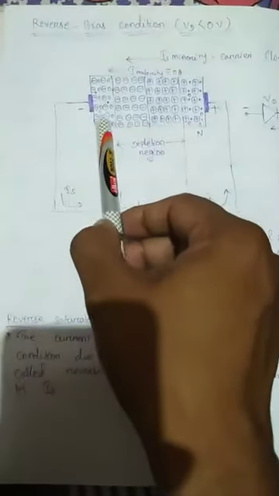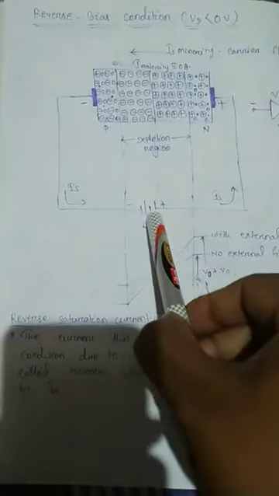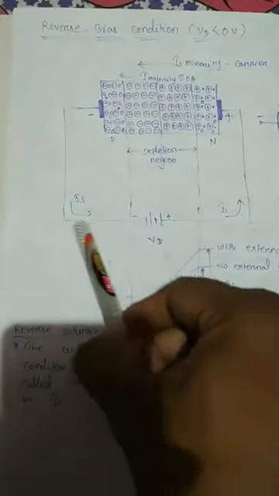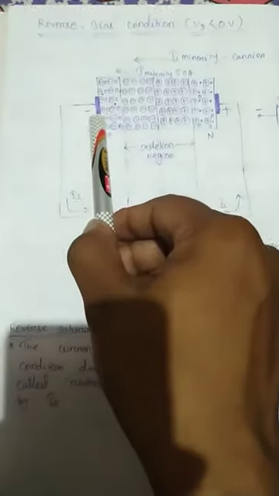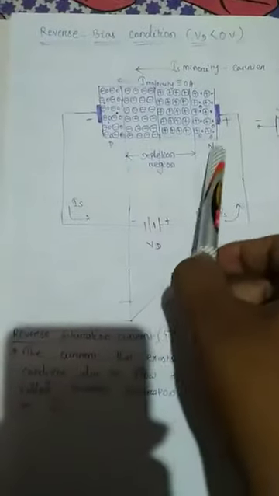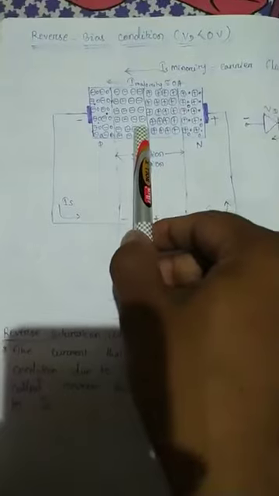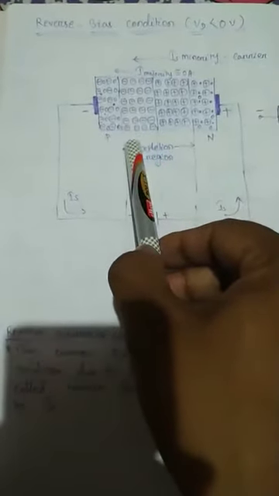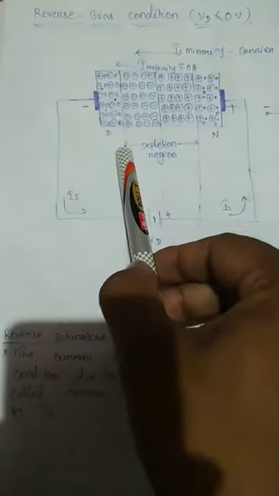As you see in the figure, the supply voltage Vd, the positive terminal is connected to the N side and the negative terminal is connected to the P side. This type of arrangement is called a PN junction under reverse bias conditions. So what happens under this reverse bias condition, we will go through that.